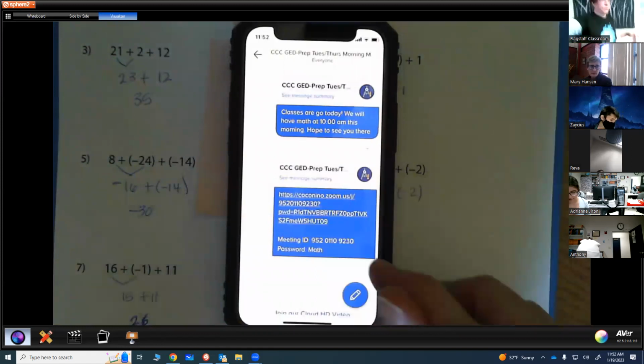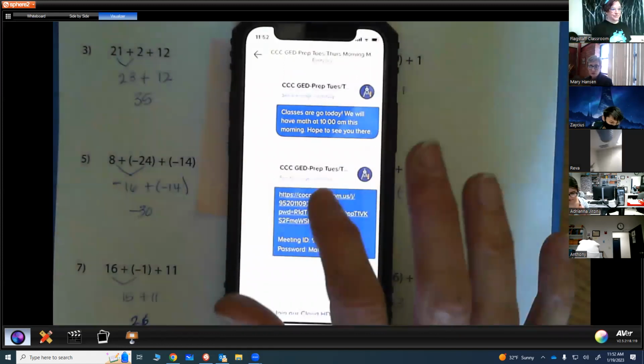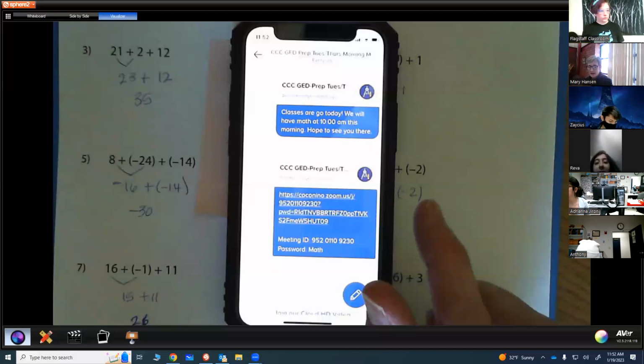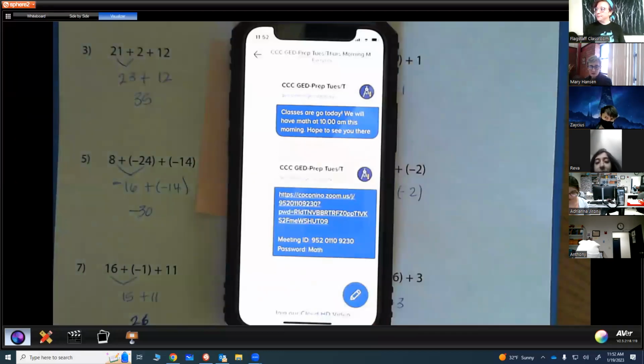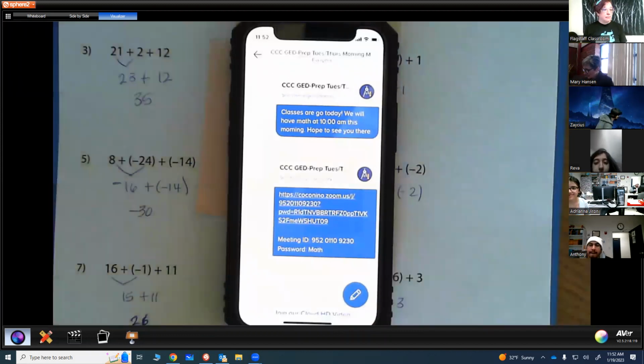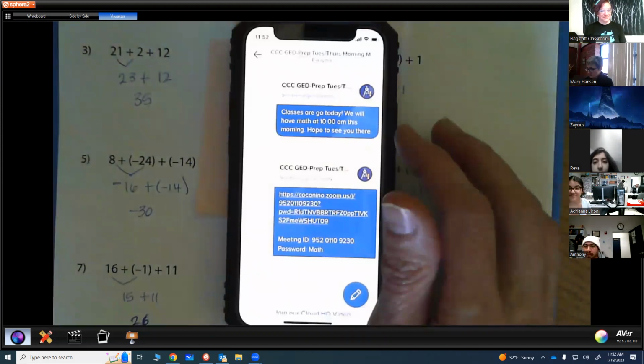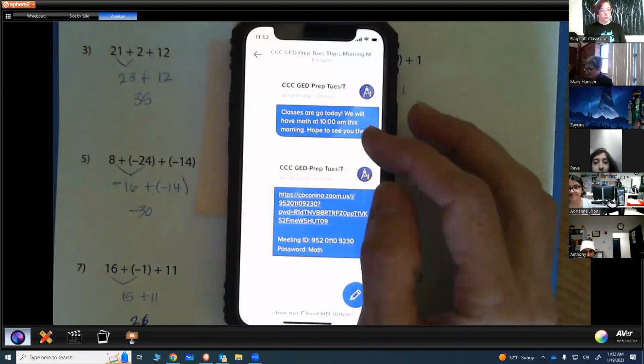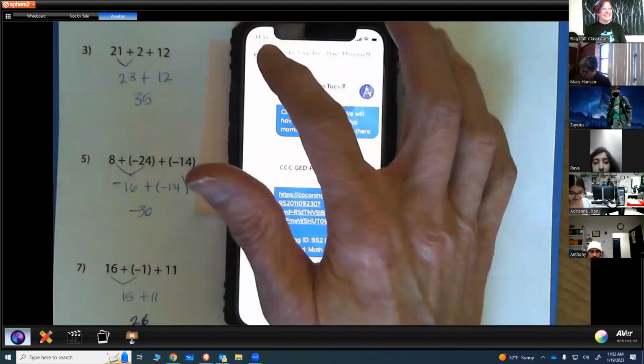You can either visit Remind on the app on your phone, or you can get on a computer and go into remind.com and see the same information. I find it's a little easier on a computer sometimes, but I'm also old school and I like a really big screen.